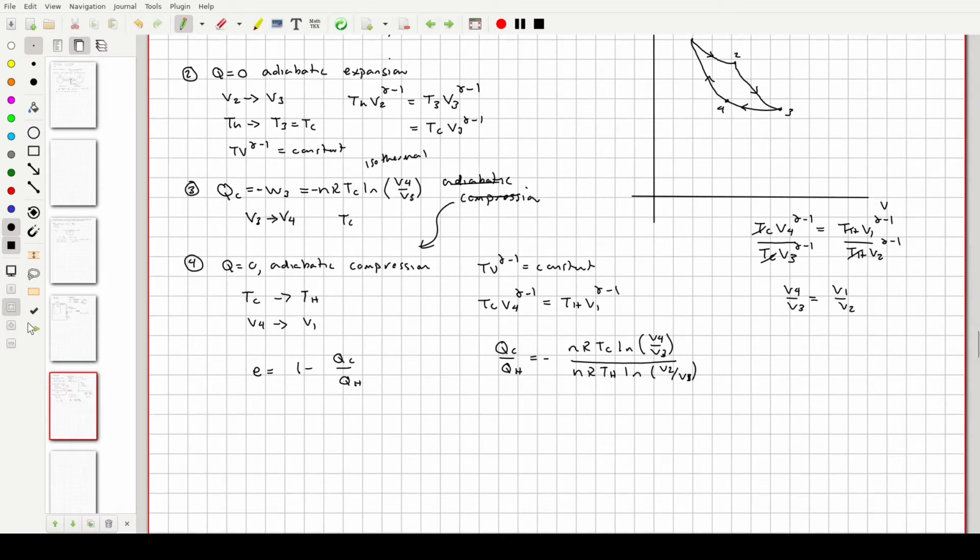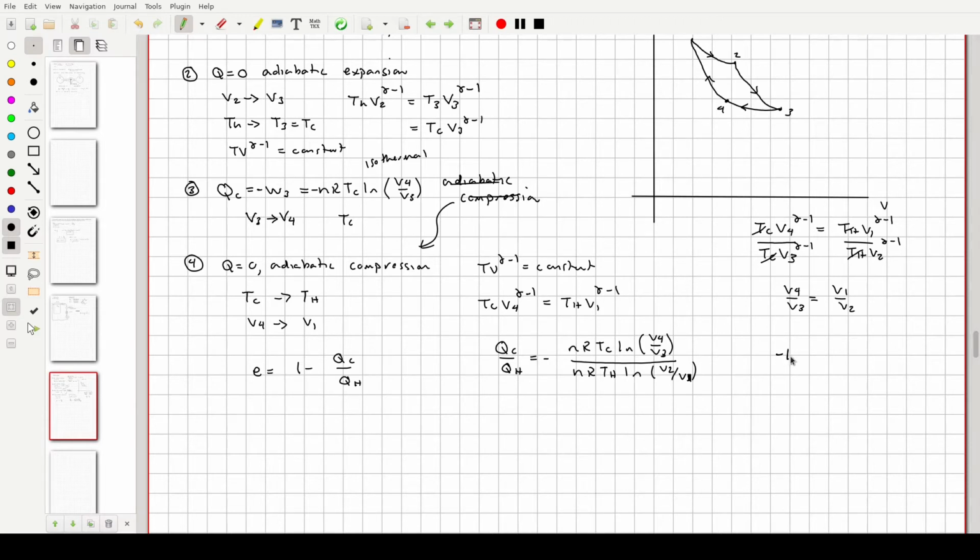So I notice a V1 over V2, and you've got V4 over V3 here. But if you take a look at these things, they're almost the same. If only I could flip this. And I can. And I can do that by using the properties of natural logs.